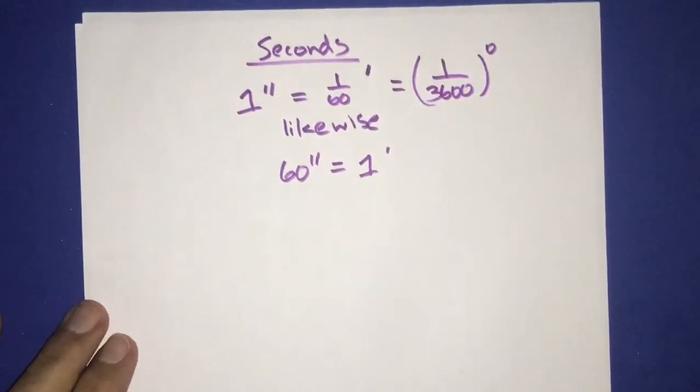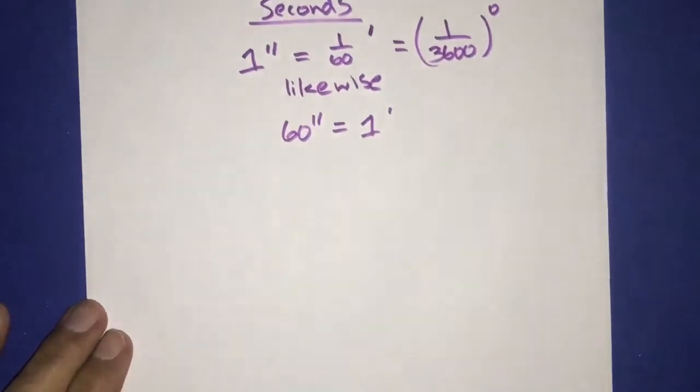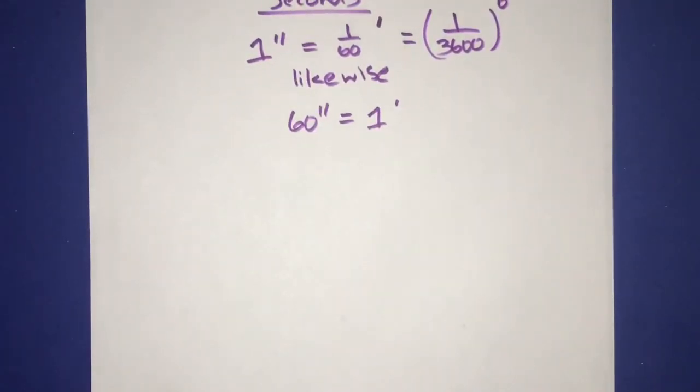Okay. So let's take a look at how this works in practice. Say we're given an angle measure using this convention of degrees, minutes, and seconds. Let's see how we could convert to degrees.